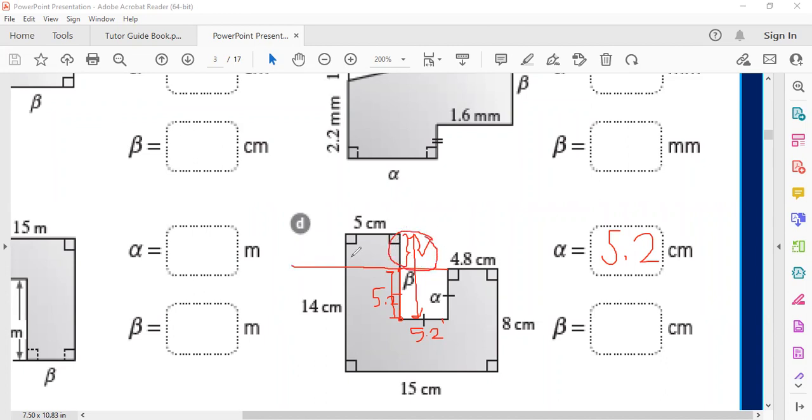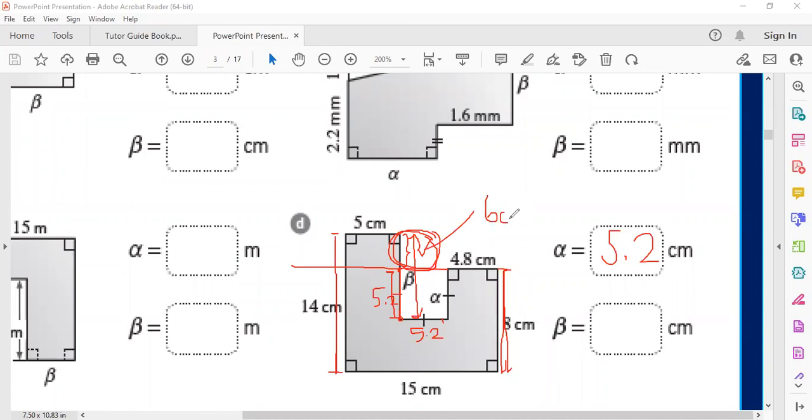This part is the same as 14 minus 8. Can you see that? No, don't measure with a ruler, please, because none of this is drawn to scale. Okay, they are not drawn to scale. So if I take my 14, can you understand me? 14 minus this 8, I am going to get this little part here. So what is 14 minus 8, guys?